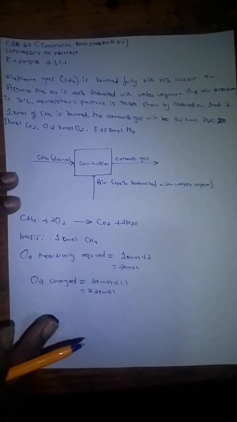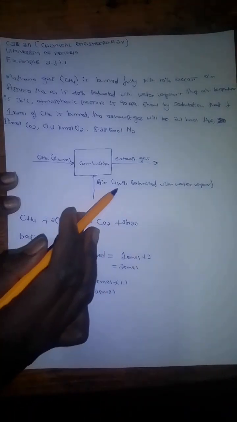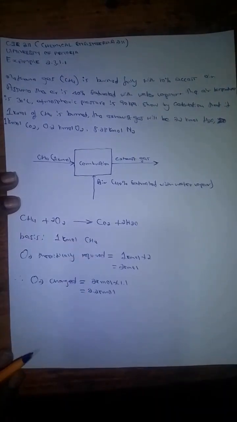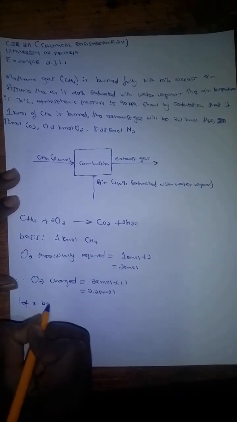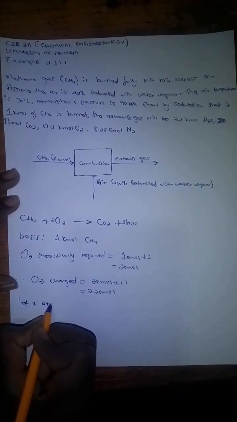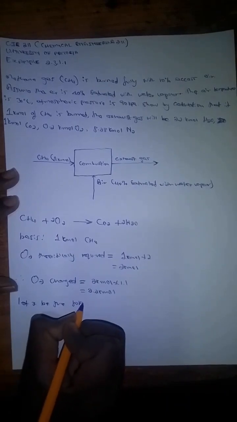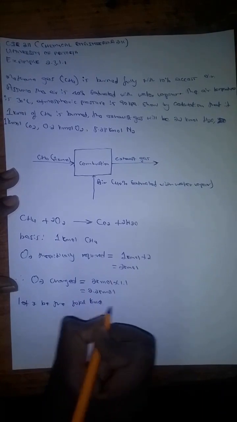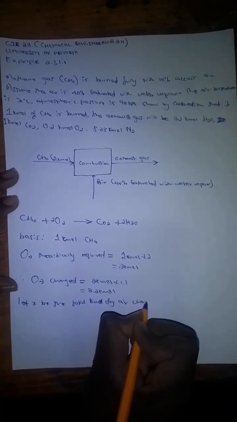It's also important to understand that the air we're going to be calculating here is the air irrespective of the 40% saturation of the water vapor. So with that said, we can say let X be the total kilomole of dry air charged.